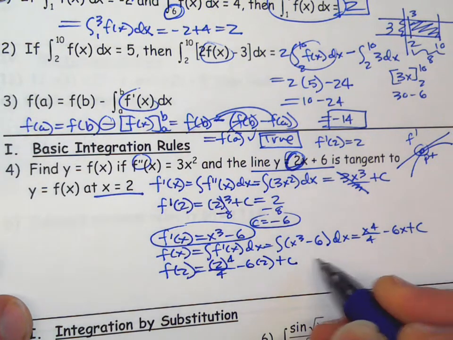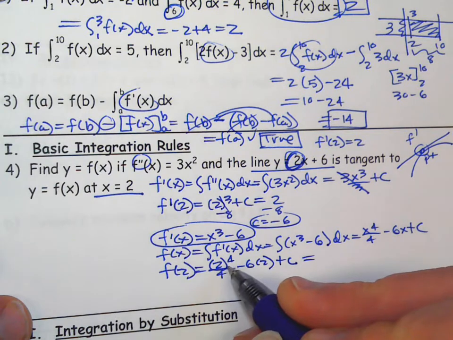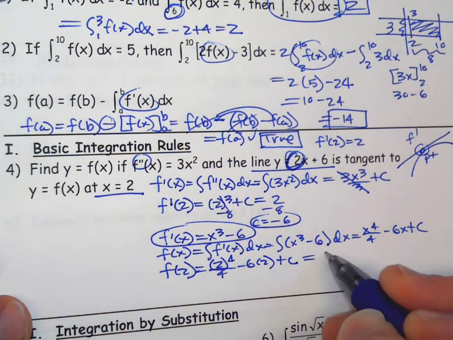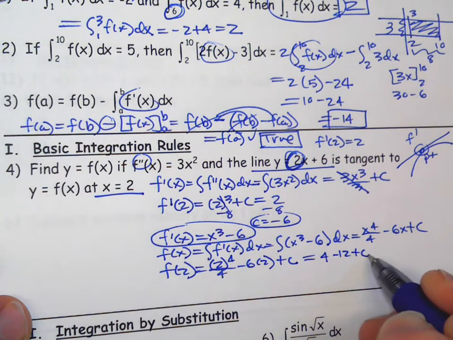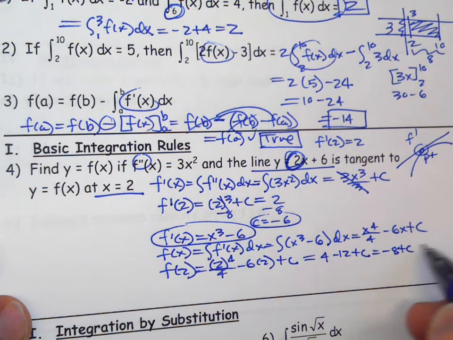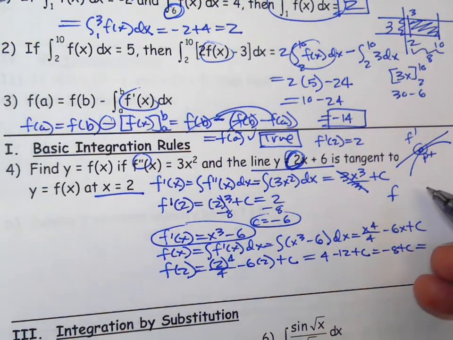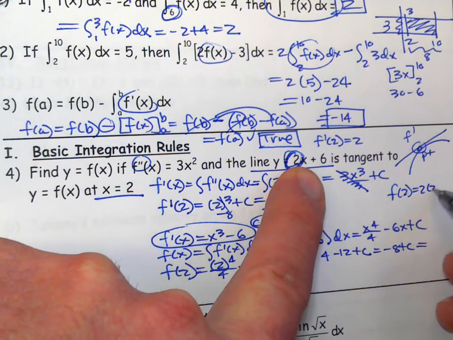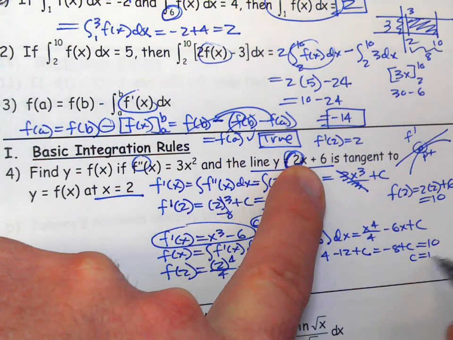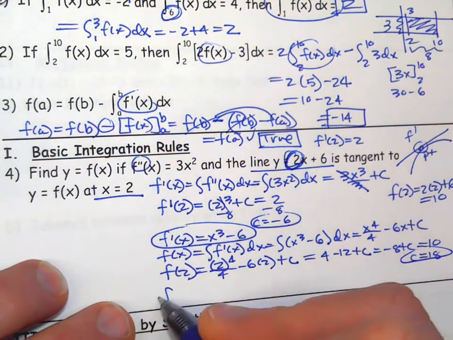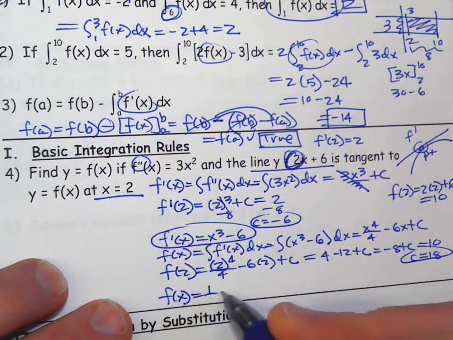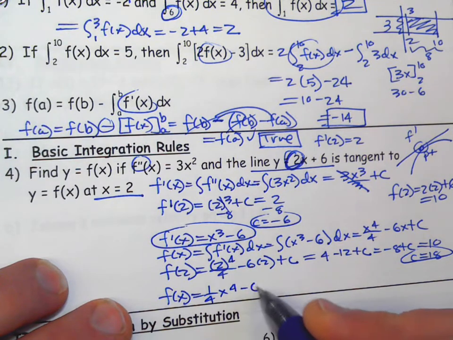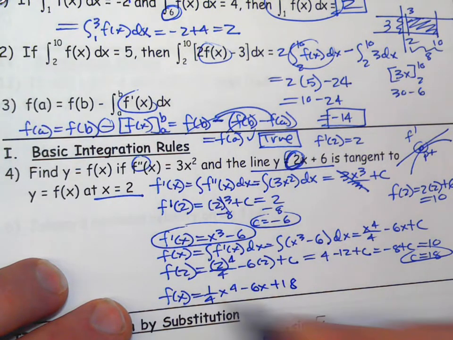That's going to be 16 over 4 is 4, minus 12, negative 8, plus c. Now, this should equal, if we were to plug 2 into this line, because they share the same point, 10. So c is going to equal 18. So our final answer, f of x equals 1/4 x to the 4th minus 6x plus 18.